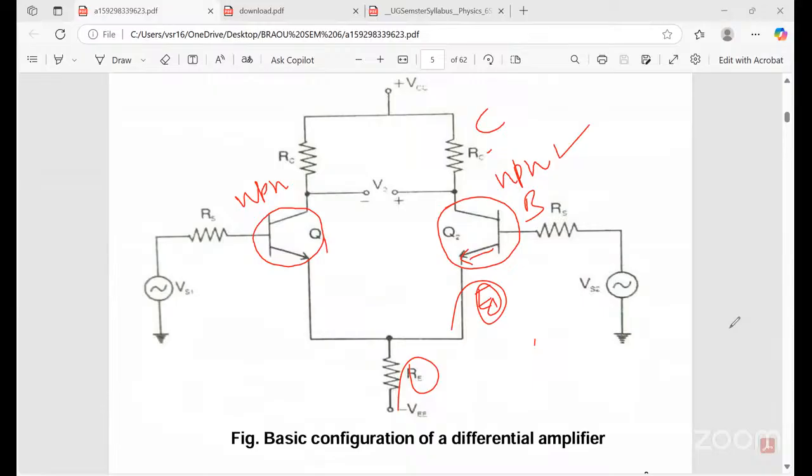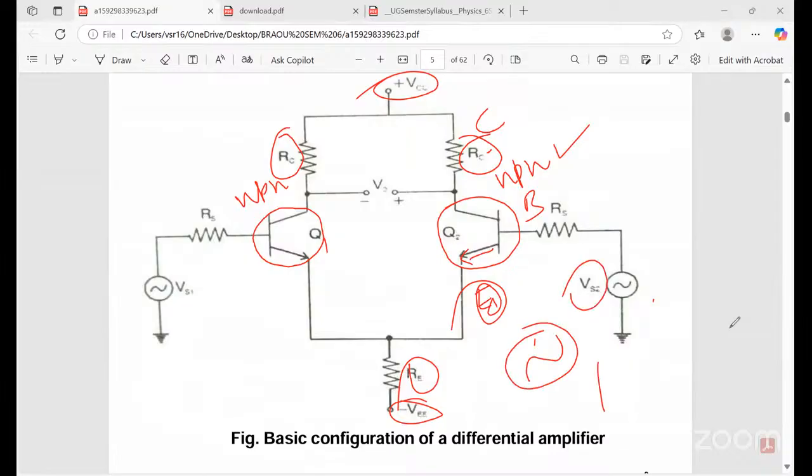This is the emitter resistance RE, this is the minus VE, and this is the plus VCC, and this is the RC, RC1 or RC2, whatever it may be. Above is the collector resistance, the bottom is the emitter resistance, and the center one is the base. This is the signal we are sending. What type of signal is it? An AC signal, positive half cycle, negative half cycle.